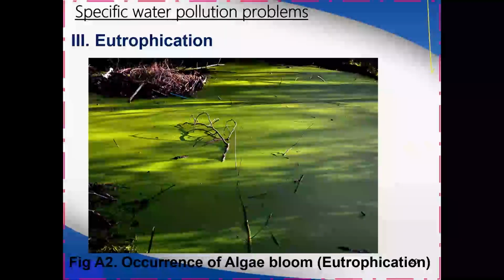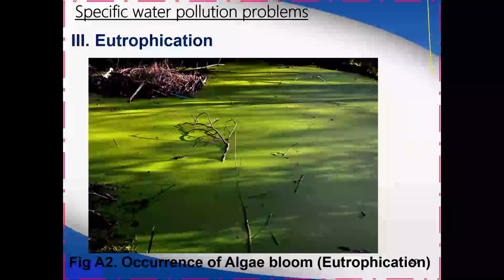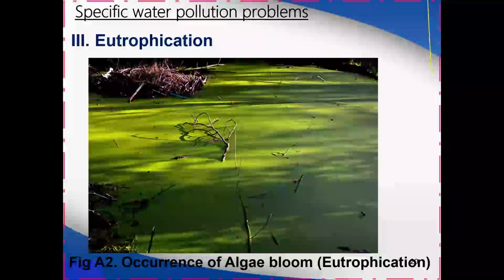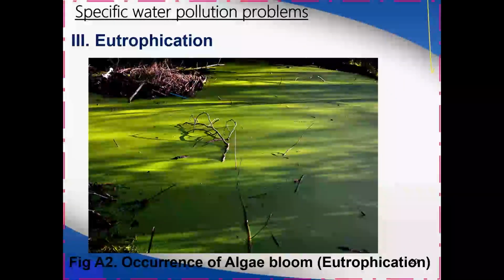So if you have algal bloom covering the surface of the water, you don't get the sunlight because there are organisms in there that need sunlight to produce their food, and other organisms depend on them for their nutrients. And so this becomes a chain of problems for the aquatic ecosystem.